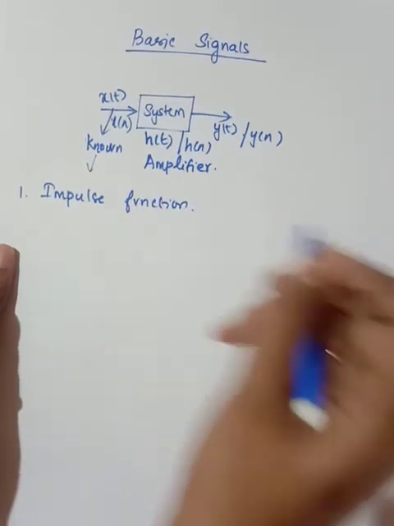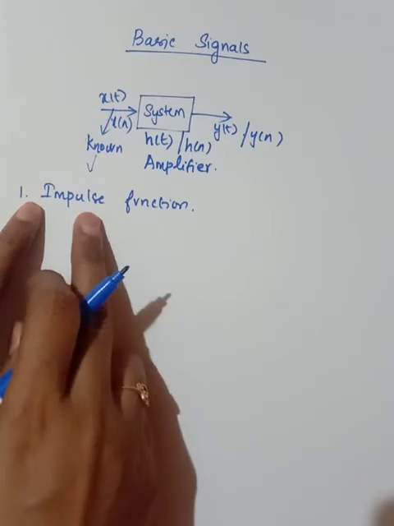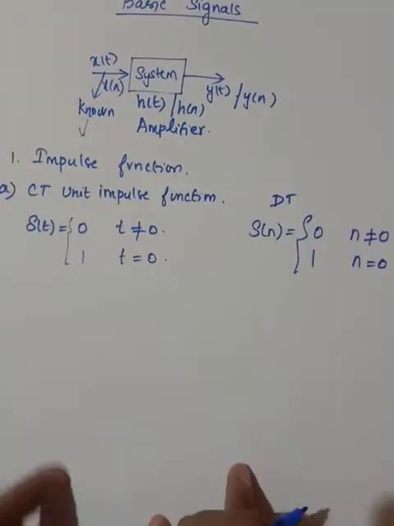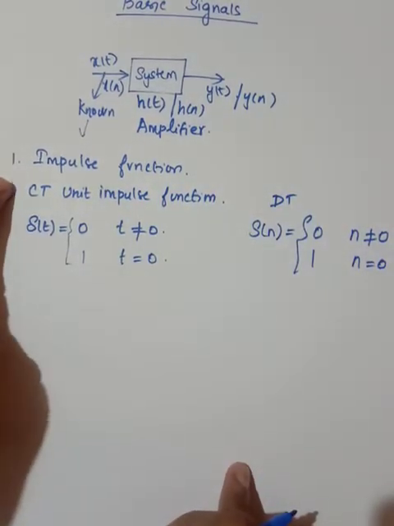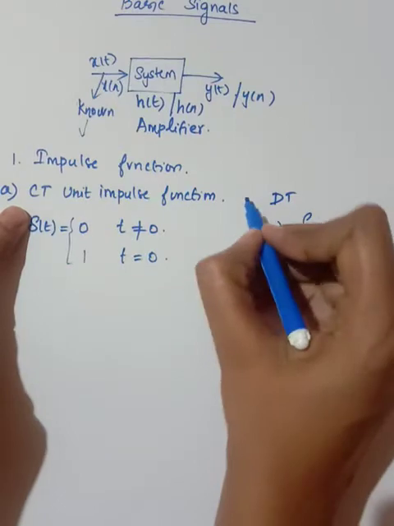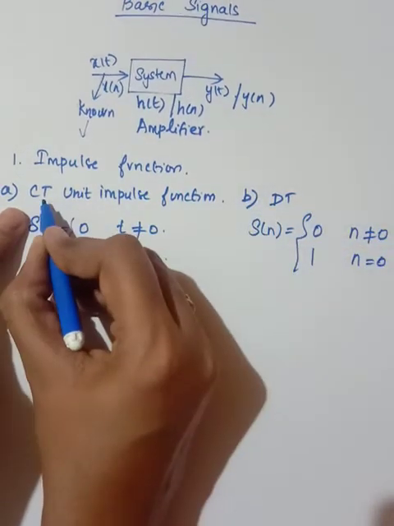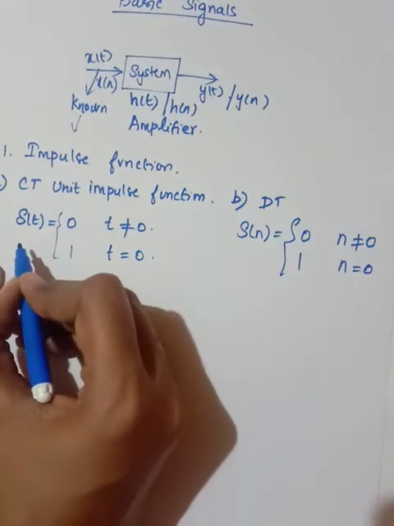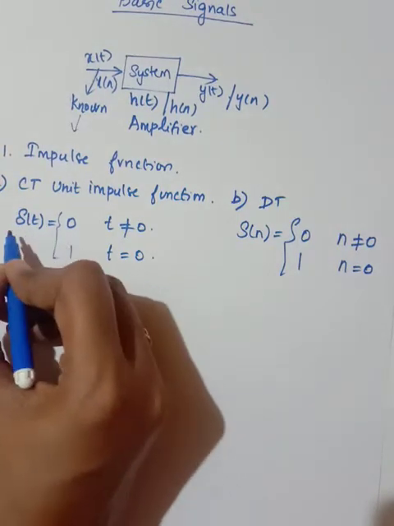If we consider any signal, you can represent it in both continuous time and discrete time. First we will see the impulse function, which can be represented in continuous time as well as discrete time. Since these are known signals, they have mathematical relations.